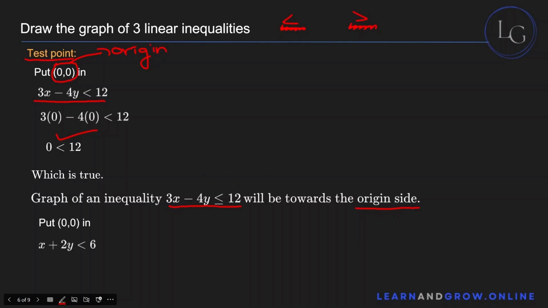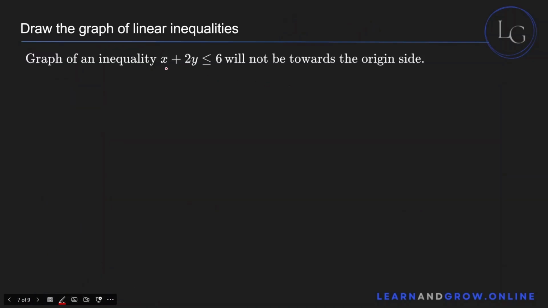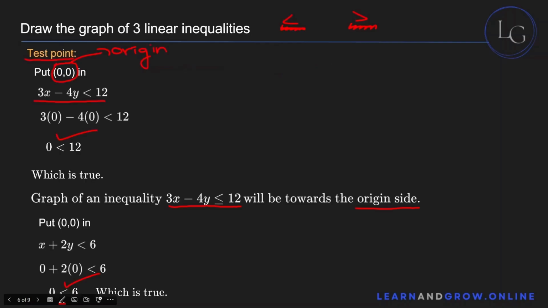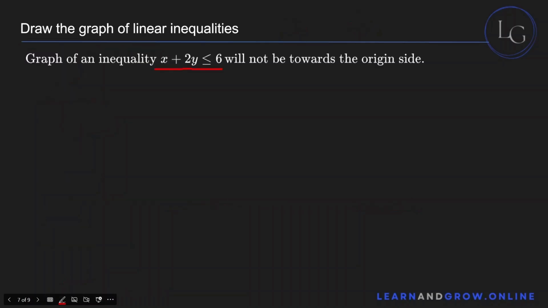So for the second one, the inequality is again true. 0 is indeed less than 6, right? So the graph of this second inequality will be towards the origin side. Yeah, that's just a spelling error.